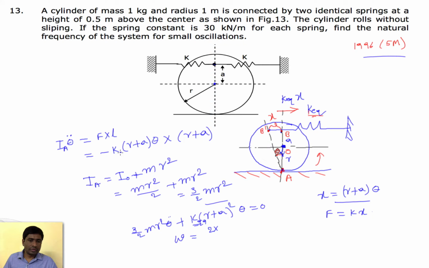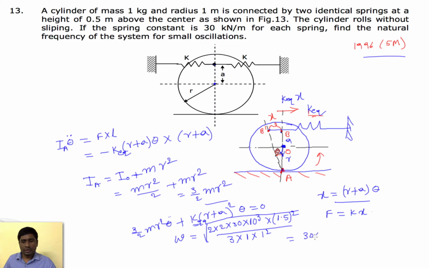If I say this is k equivalent, and here 2k, so 2 into k, k is given as 30 into 10 power 3, and r is 1 and a is 0.5, so 1.5 whole square, m is 1, 3 into 1 into r is 1 square, so we will get 300 radian per second. But here frequency is asked, so 300 by 2 pi, so that will give approximately 48 hertz.